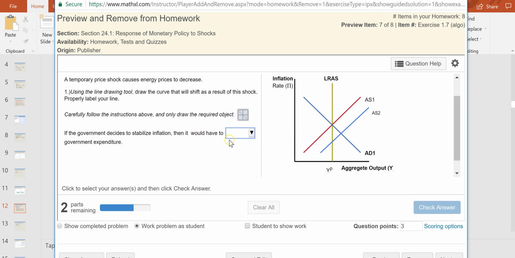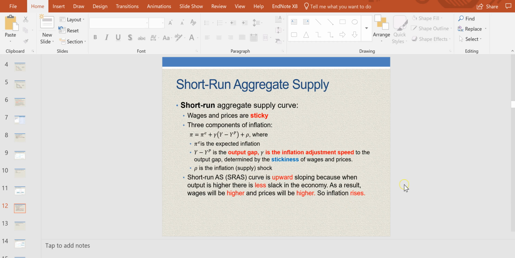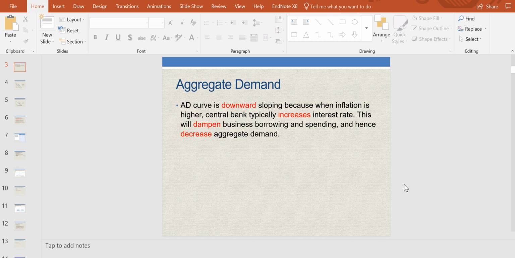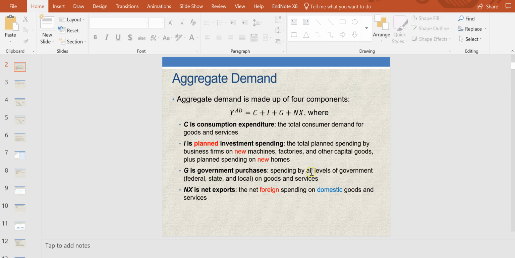Then it can also change government expenditure. We learned that's part of the AD, aggregate demand. If you check the slides, the AD has 4 components: consumption, investment, government expenditure, and net exports.